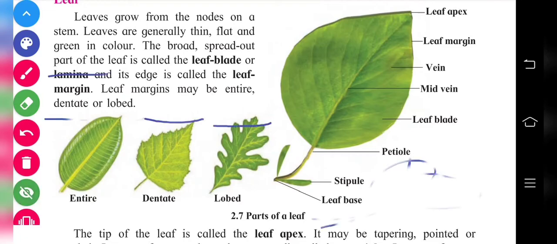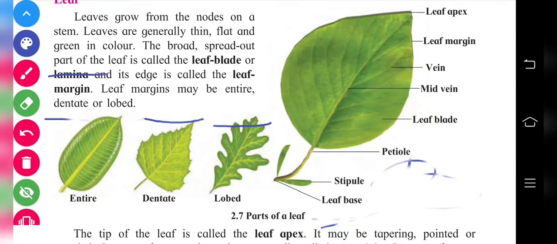Where are the edges found? This one, the edge, is called a leaf margin, and here is the broad leaf blade.